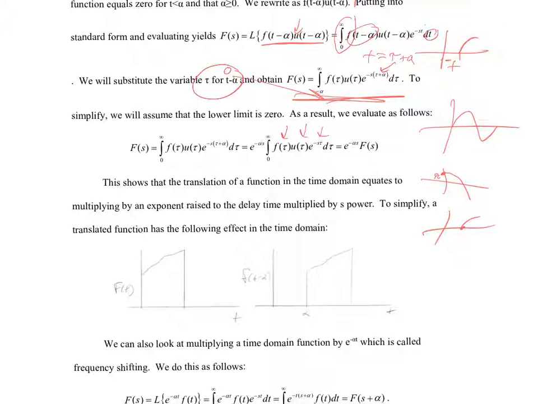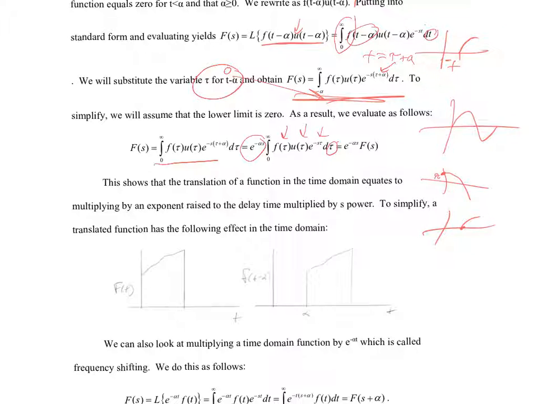And when we do that, our expression now just becomes f of tau, u of tau, e to the minus s times tau plus alpha. Well, I'm integrating now with respect to tau, not s. So this is just a constant, isn't it? I can factor out e to the minus a times s completely out of the integral because it doesn't vary with respect to time.